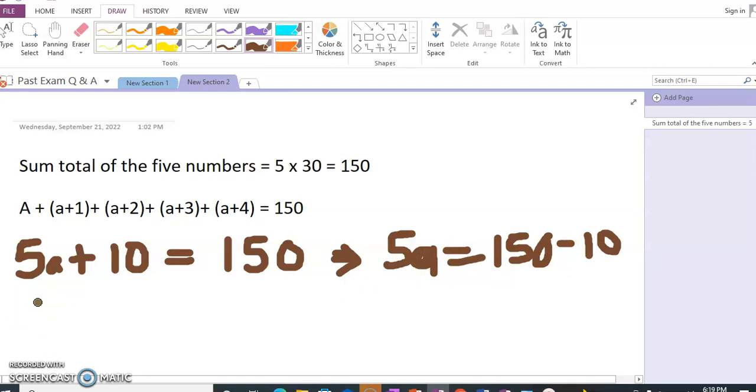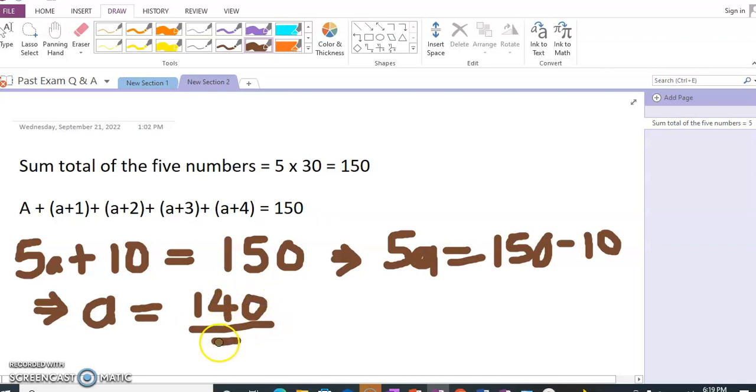This implies that if 5A is 140, A will be equal to 140 divided by 5, which will give us 28.